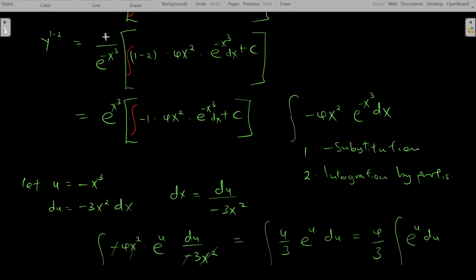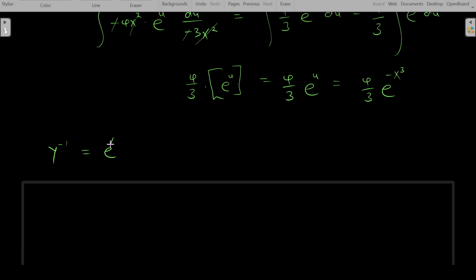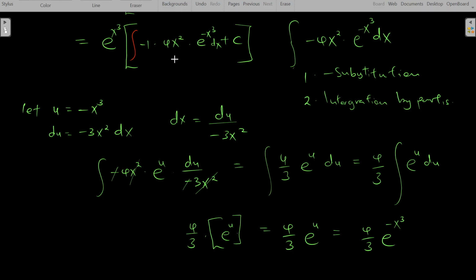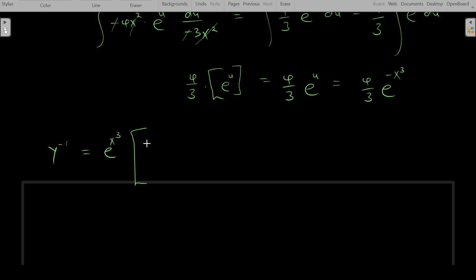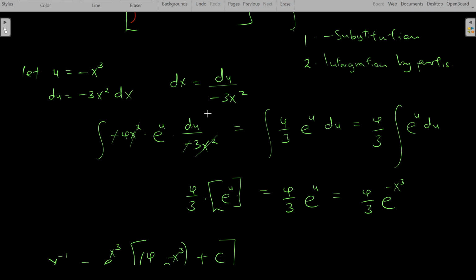We have already written this as e raised to the x cubed. Then I multiply that by the whole integration result we have already performed, which is 4 upon 3 e raised to negative x cubed. Then I add the constant of integration, remember.